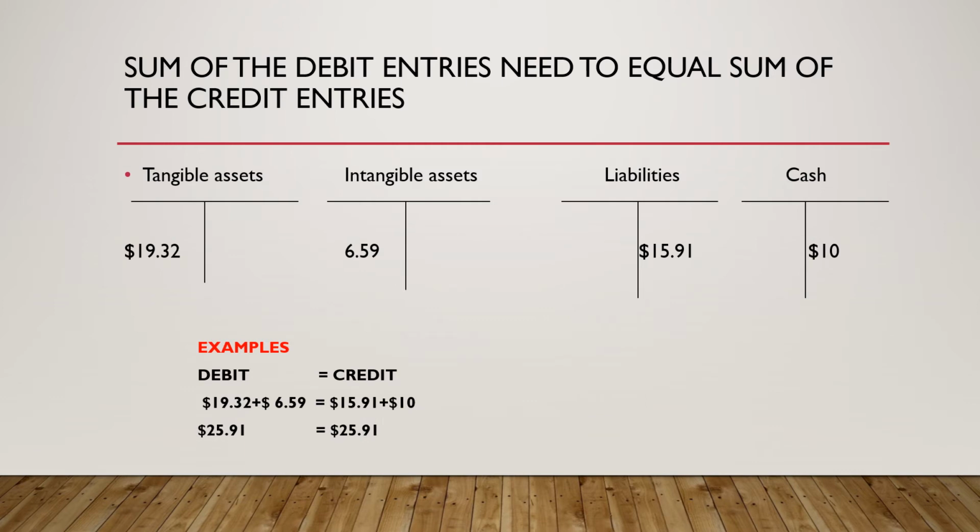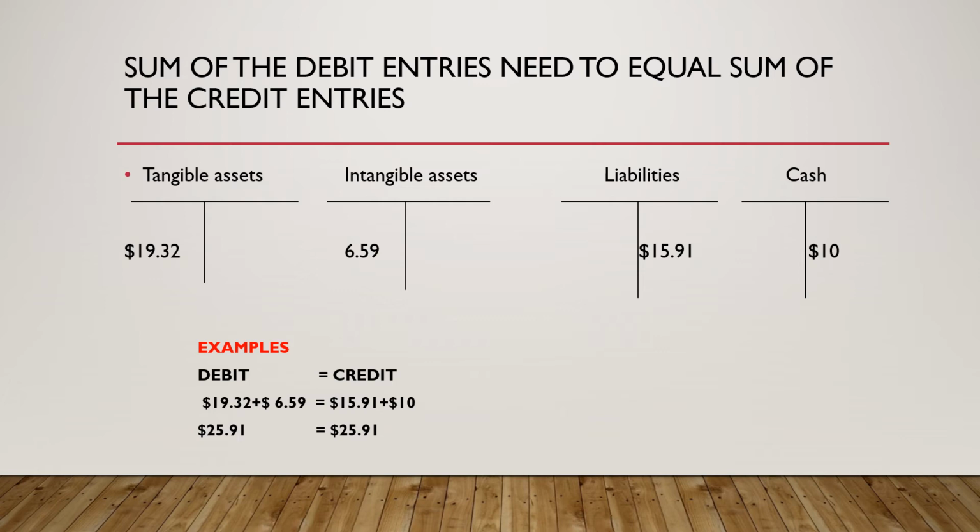Here is an example of a more complex journal entry recording the large acquisition of a company. There are two debits and two credits in this journal entry. Let's check whether the sum of the debit entries equals the sum of the credit entries.